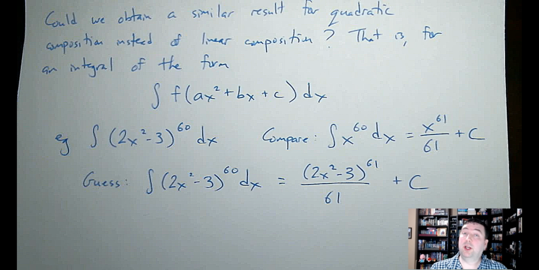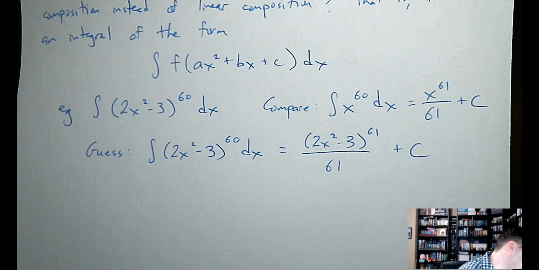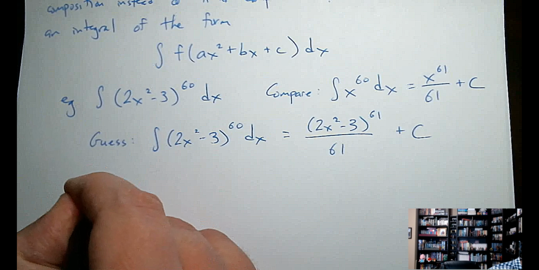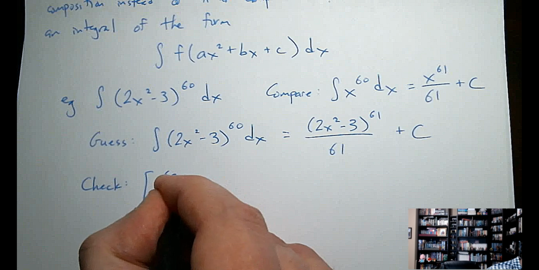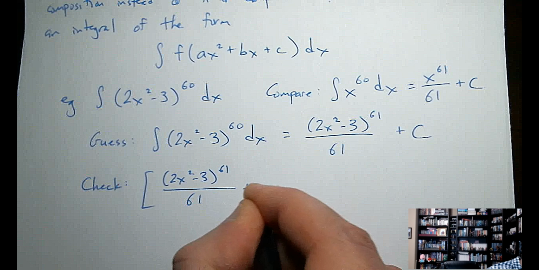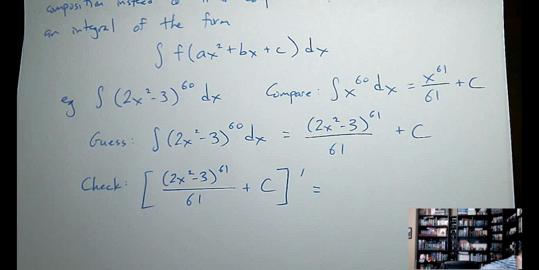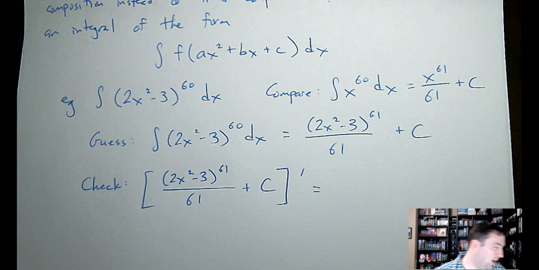But the only way we're going to know if that's close is by checking, by differentiating. So let's see, we take this result and we differentiate it. Well, again, we need the chain rule for the numerator there.